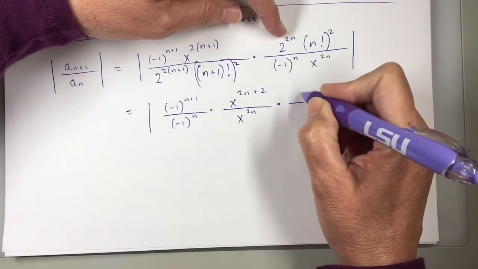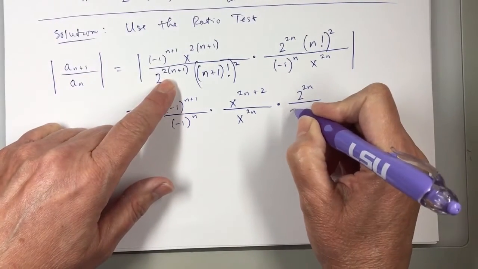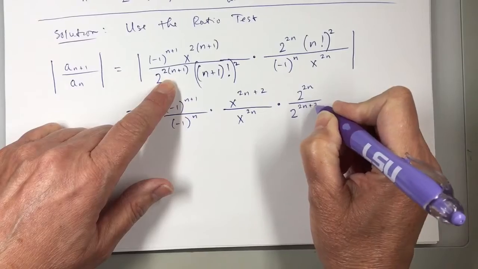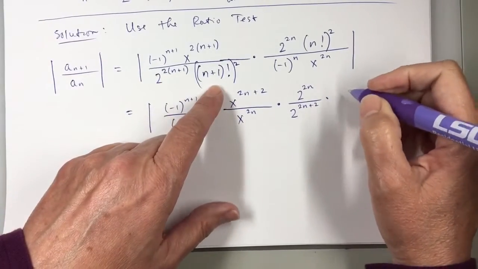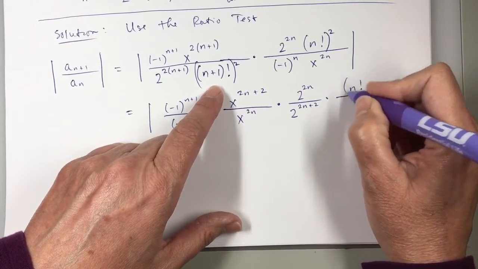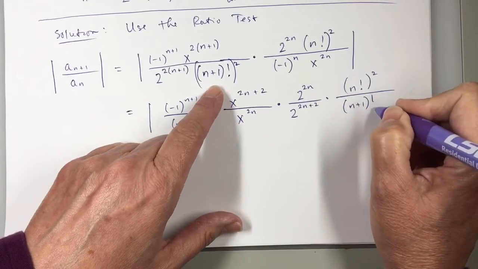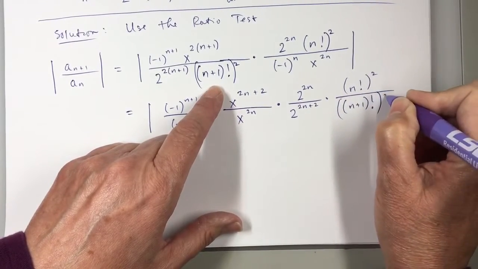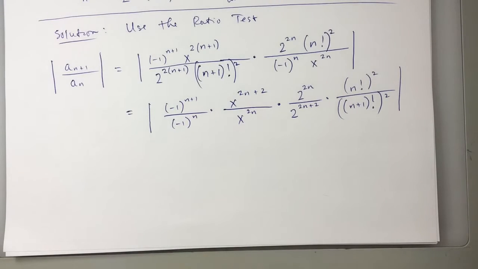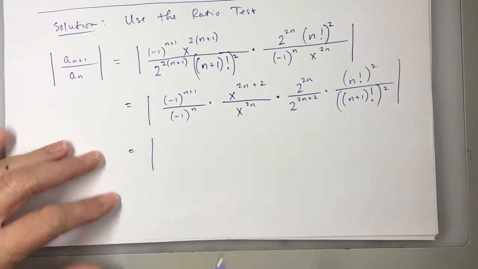And then on the third fraction, I'll get 2 to the 2n over this guy, which is 2 to the 2n plus 2. Distribute that. And then my factorials, n factorial squared over n plus 1 factorial with the square like that. Okay, so I've gotten my pieces of the fractions that kind of match each other together.